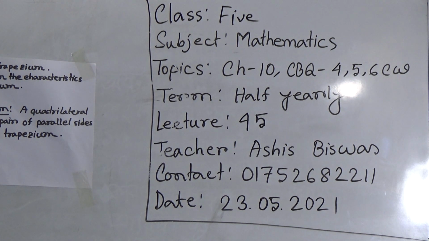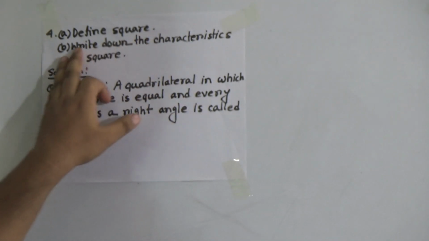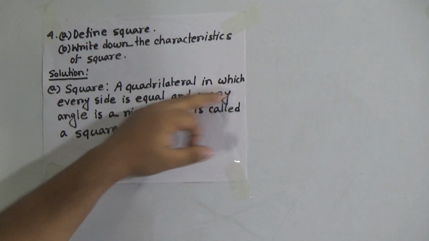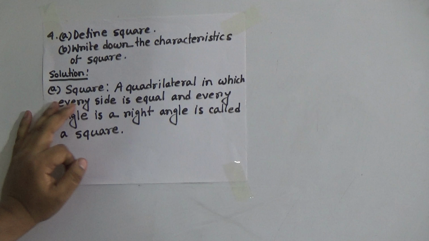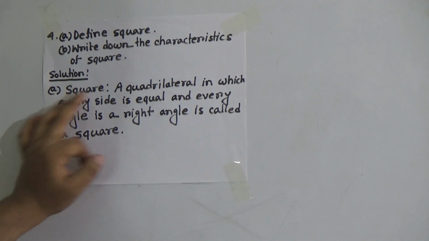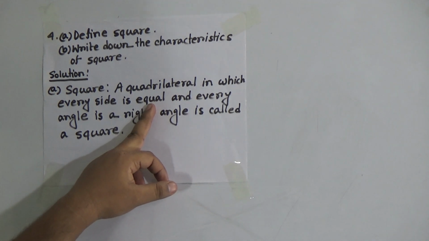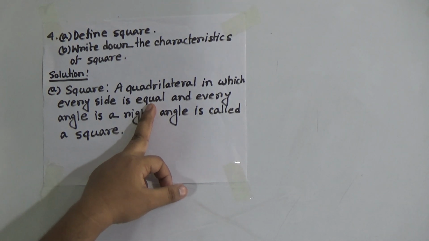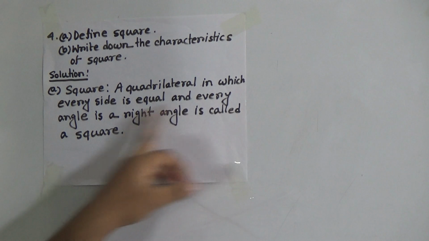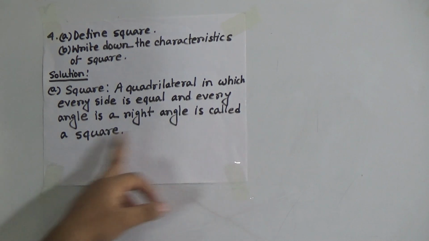Okay. So my dear students, our question number 4: A, define square. B, write down the characteristics of a square. So what is the definition of a square? A quadrilateral in which every side is equal, that means all sides will be equal in length, and every angle is a right angle, is called a square.